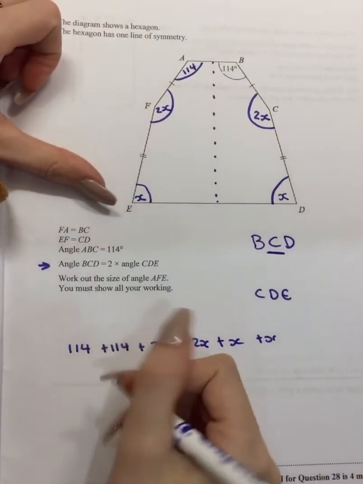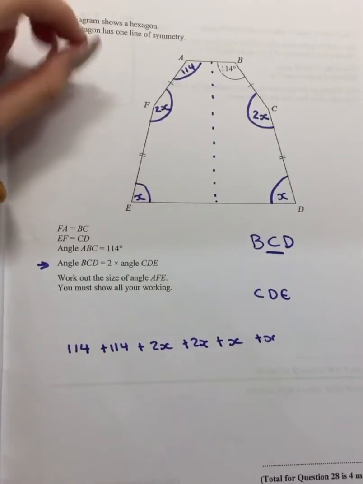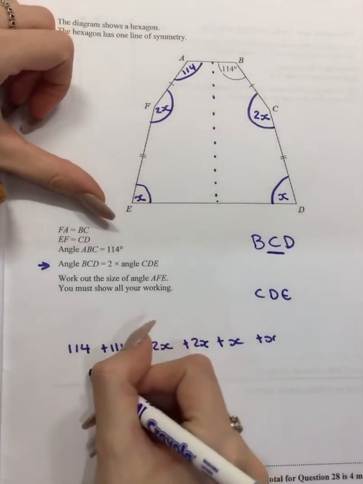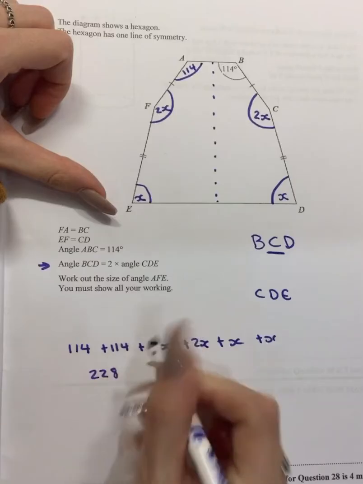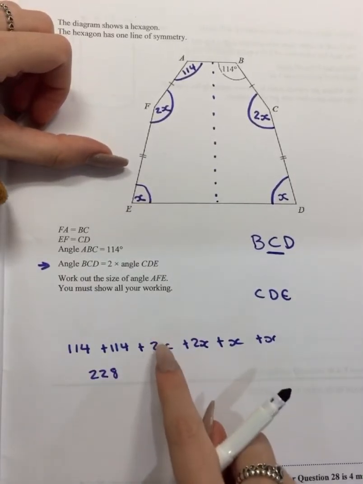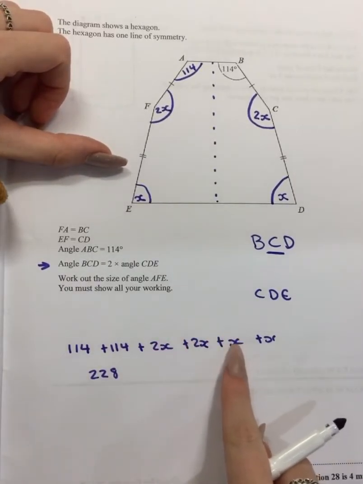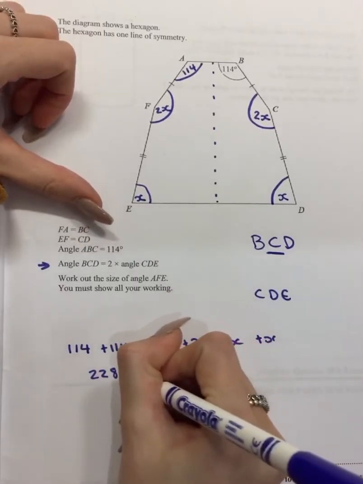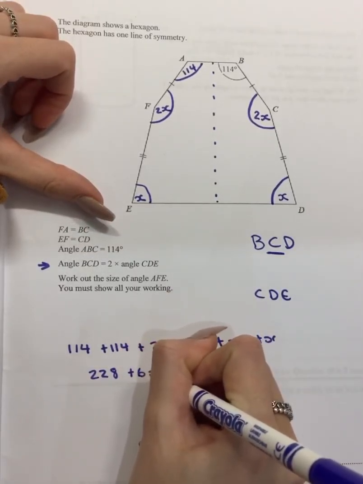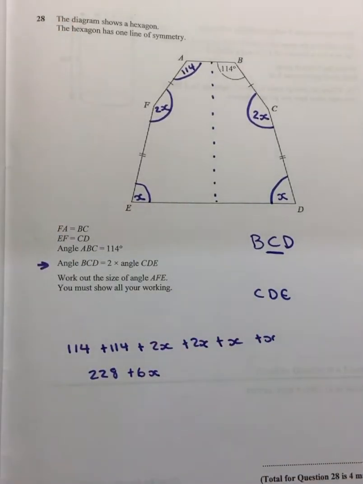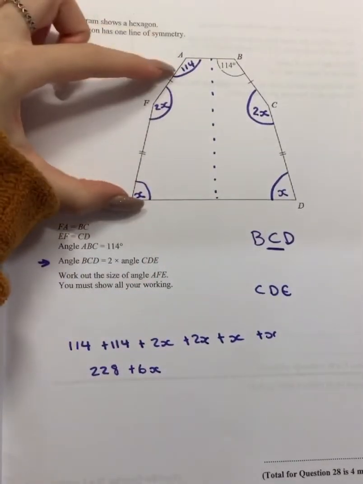And we can simplify that by collecting the like terms. So we add those together and we get 228. How many x's have we got? Well, we've got 2, 4, 5, 6. So it's plus 6x. So that is an expression for the angles in this hexagon.